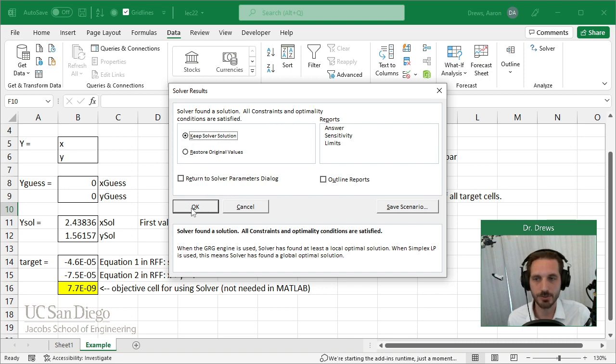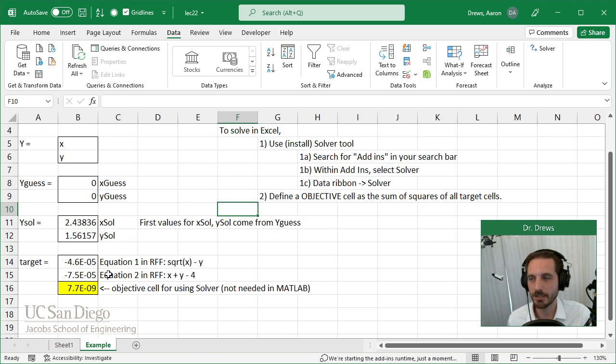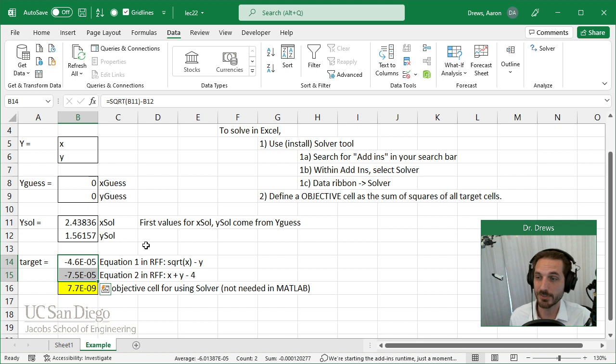So we're going to just click OK here. We're not going to look at any of the reports that it can generate, and we're just going to look at what happened. It varied xsol and ysol within our capital Ysol vector until it found that this value was really close to 0. 7 times 10 to the minus 9 is fairly close to 0, but you can see that that is actually sort of a better estimate than the actual root finding expressions, because they're only like 10 to the minus 5 or something like that, but they're still pretty close to 0.